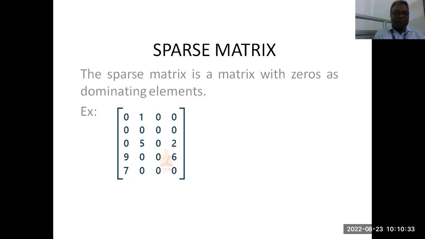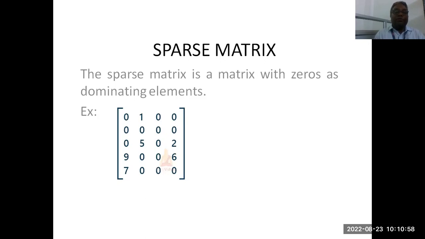If you consider 2 bytes for each integer, 40 bytes are needed to store the entire array, among which we are only utilizing 12 bytes to store the non-zero elements. That means the remaining 28 bytes we are wasting to store only zeros.